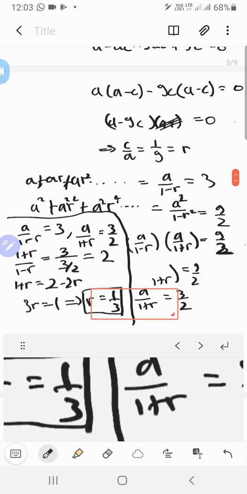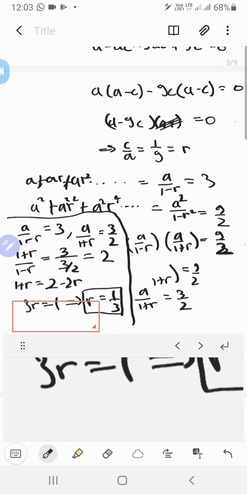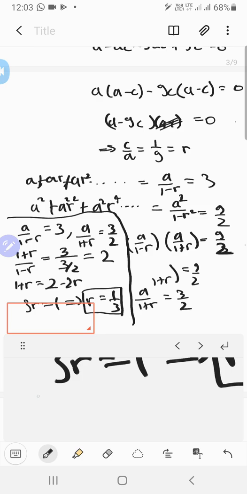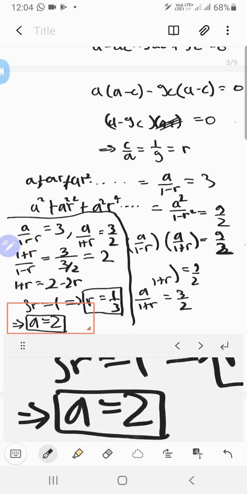So a upon 1 minus 1/3 is nothing but a upon 2/3, which is equal to 3, which means that a equals 2/3 times 3, which is just 2. A should be equal to 2. Okay, cool.